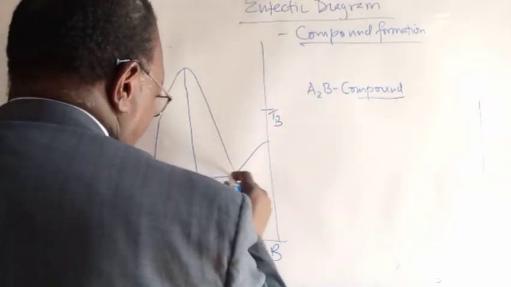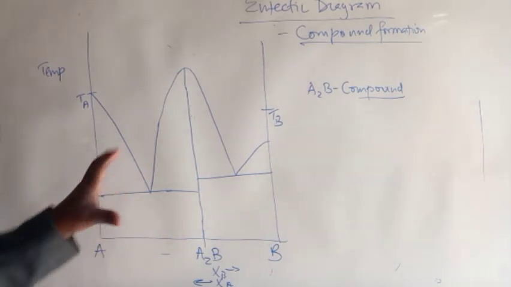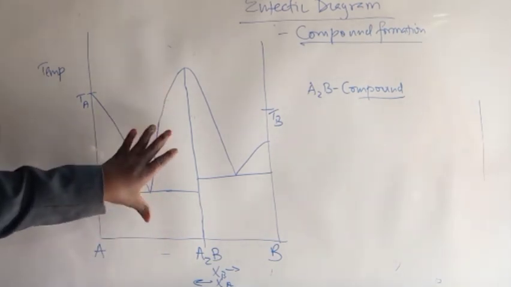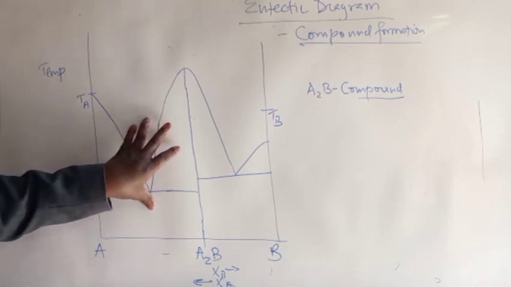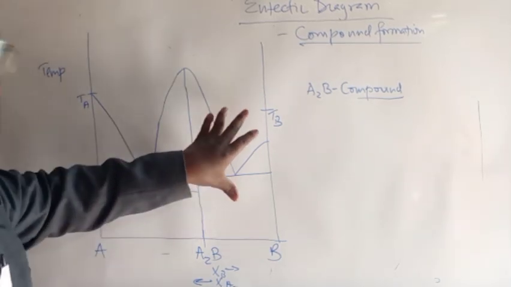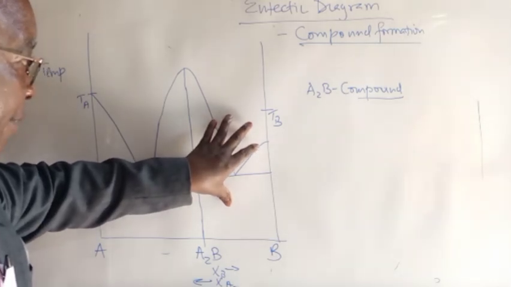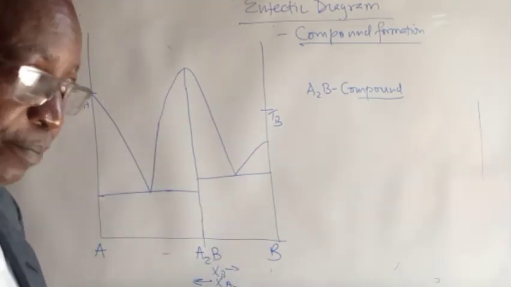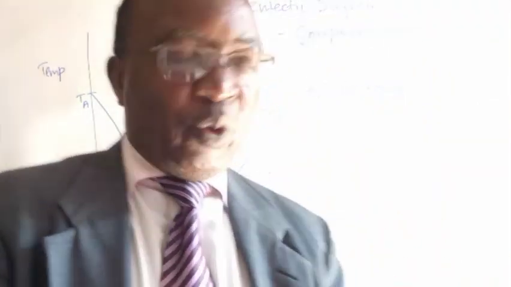Now, if you look at this diagram, this portion here is a diagram of a simple eutectic system. And this other diagram here is also a portion of a simple eutectic system. In other words, the two diagrams have been juxtaposed, fused together.